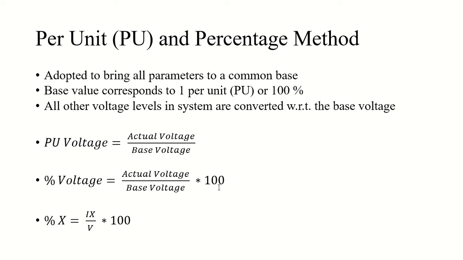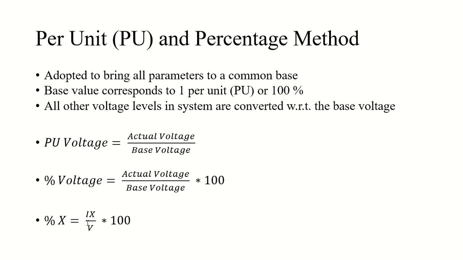If you want to find the percentage reactance value based on current, voltage and the actual reactance that is given, the formula is percentage X, which is percentage reactance, equal to I X divided by V, into 100.